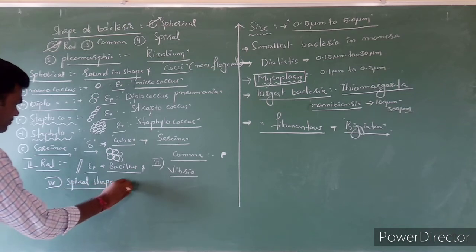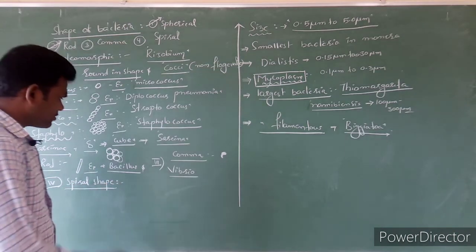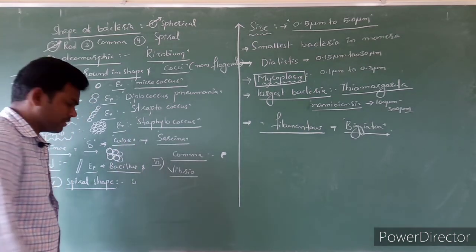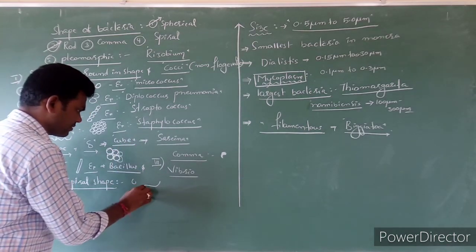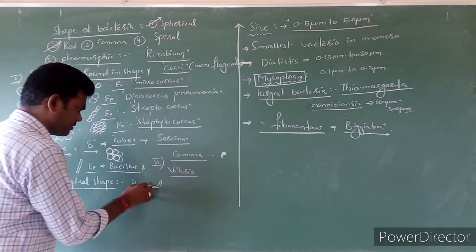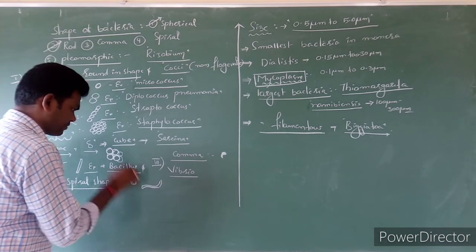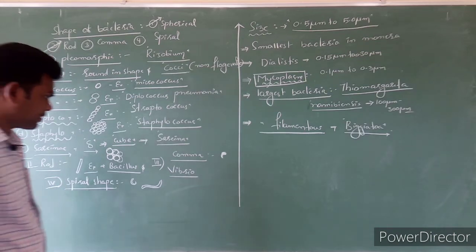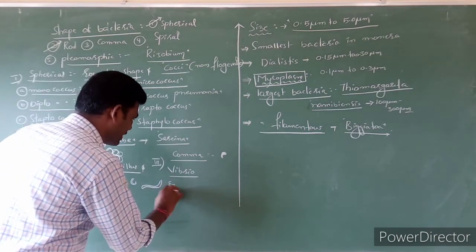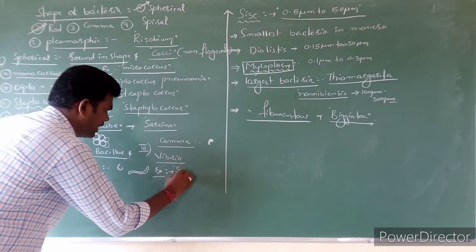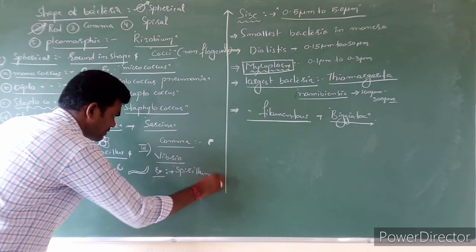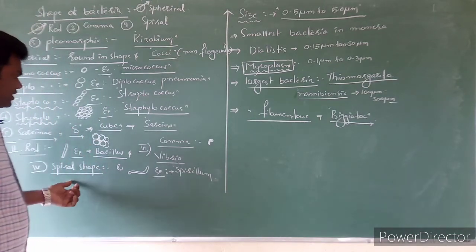Here, these bacteria are coil-like bacteria. So these are spiral shaped bacteria. An example is Spirillum. Spirillum is a spiral shaped bacteria.